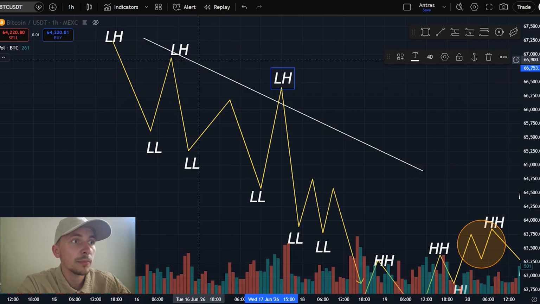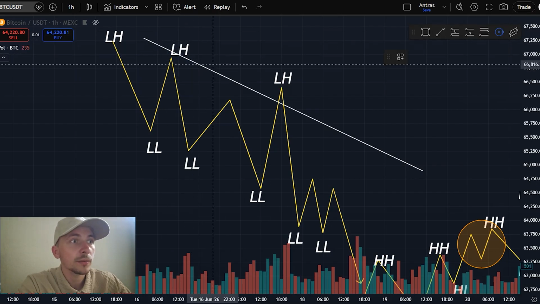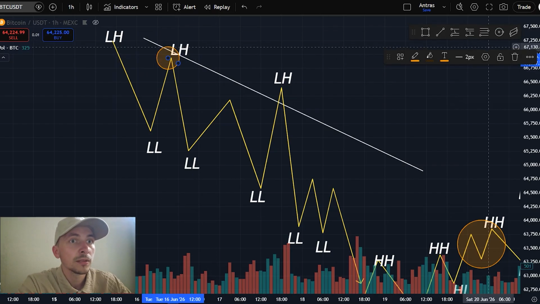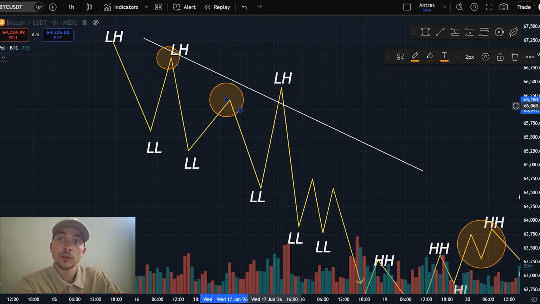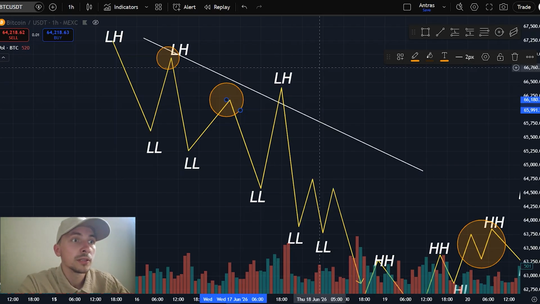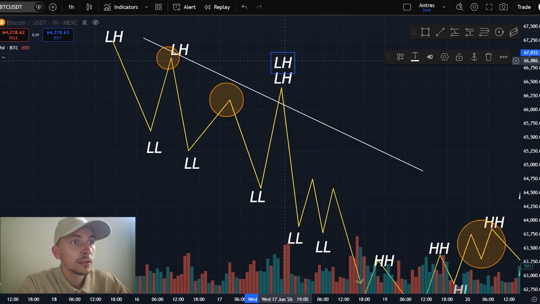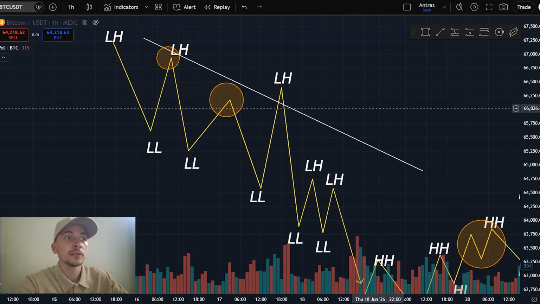See, it's not above this one, not above this one, just above this one. It was a manipulation, and we're also going to talk about it. Don't be scared, I'm going to explain everything. Lower high, and lower high. You see, it was a down movement for the past week, and for the past few days it started to take an uptrend, and we're going to look for long positions.